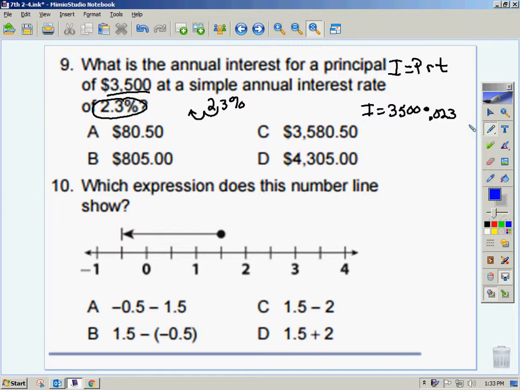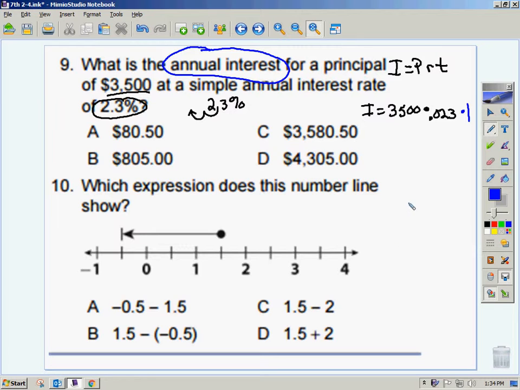How long did they say that I was doing this? Does anybody see it? It says, what is the annual interest? How many years is annual? Every year. 1. That's what goes in for my time.